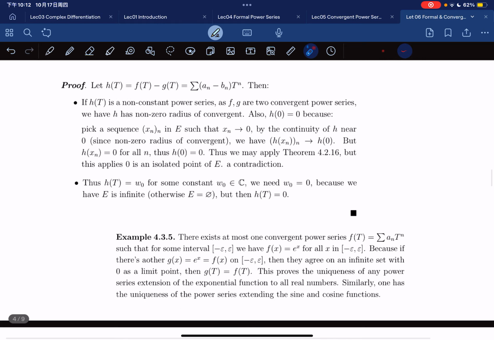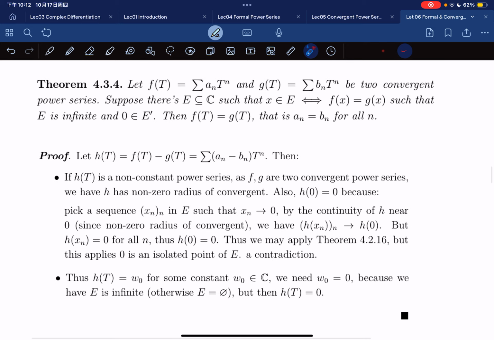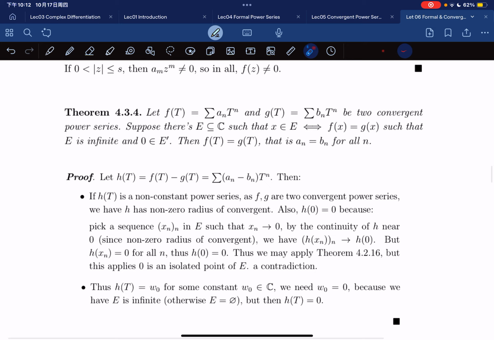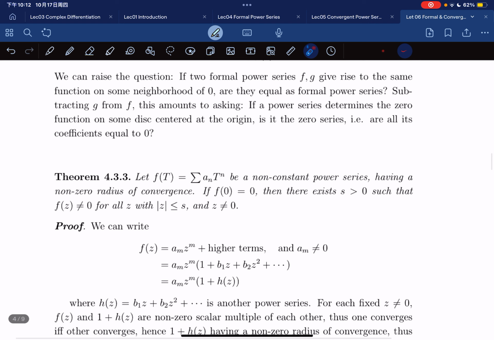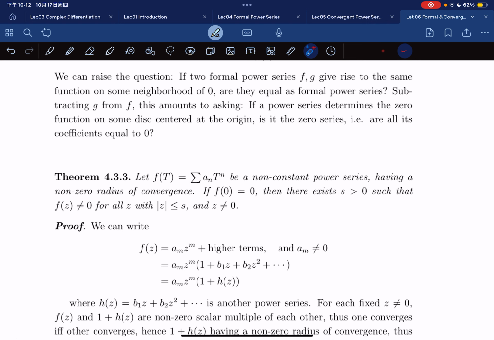So this implies 0 is an isolated point of E, because we can find a neighborhood of 0 such that it does not intersect E.